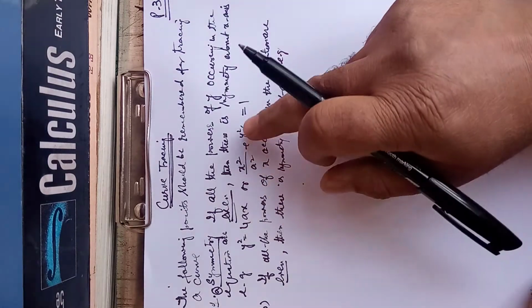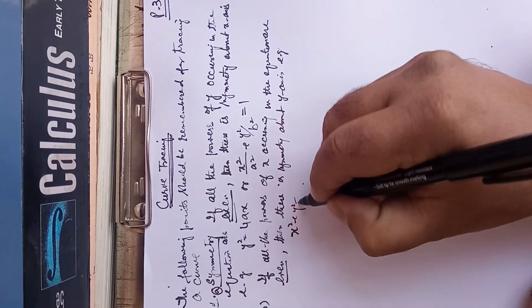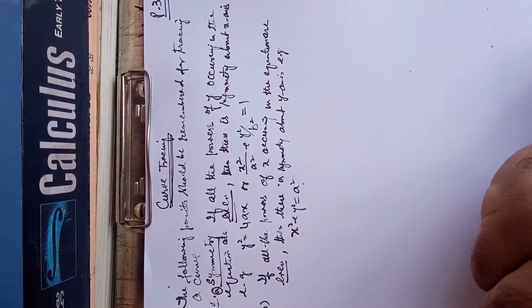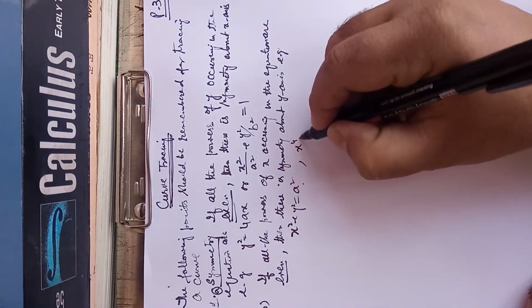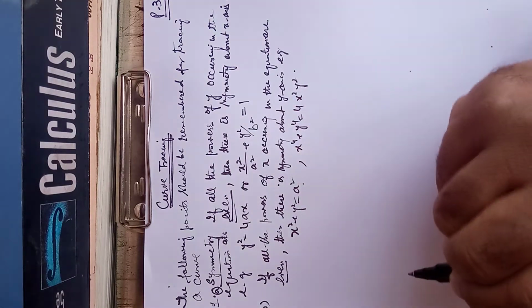For example, this is one of the examples: x square plus y square equal a square. x to the 4 plus y to the 4 equal 4x square y square.